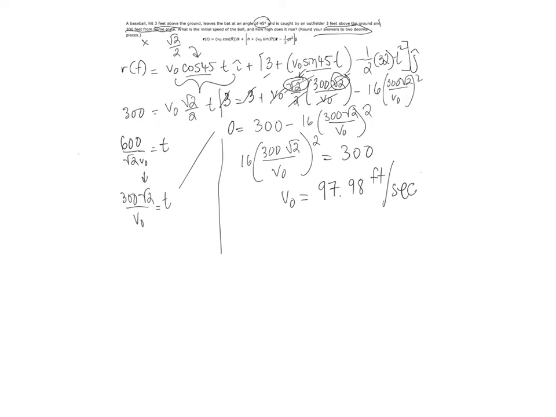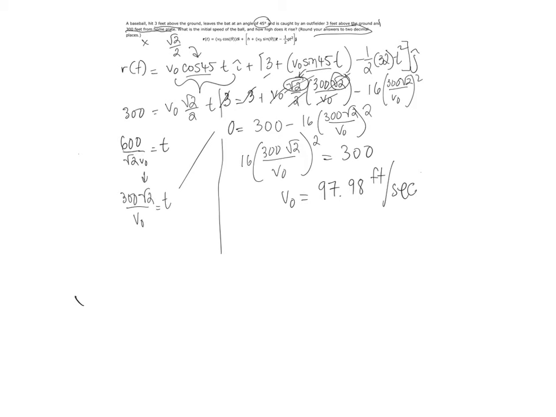Alright, so after you got the initial velocity, now you're going to find the maximum height, and then recall back in calculus 1. The maximum height is reached when the derivative of the vertical component is 0. So then you can solve for the time when you set the vertical component equal to 0.